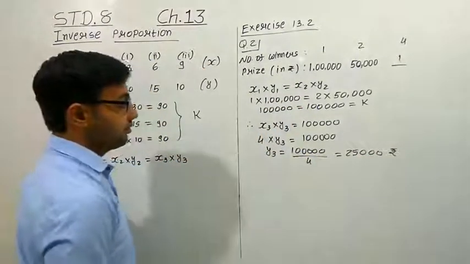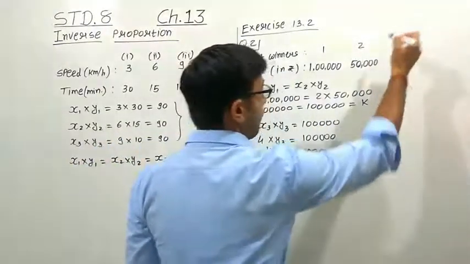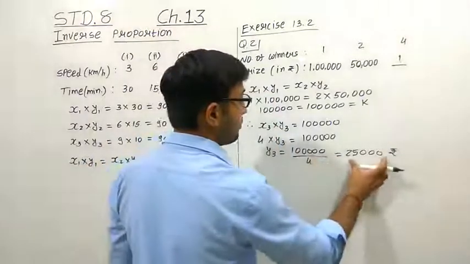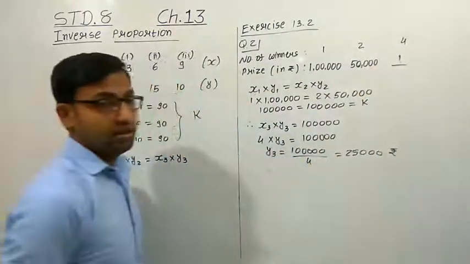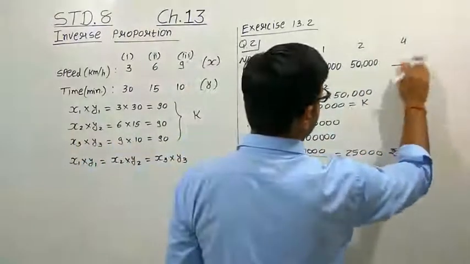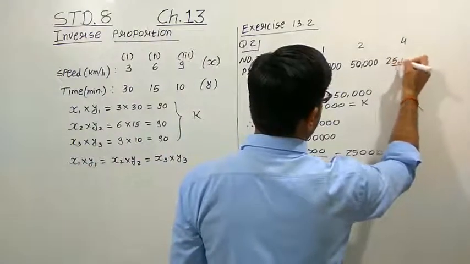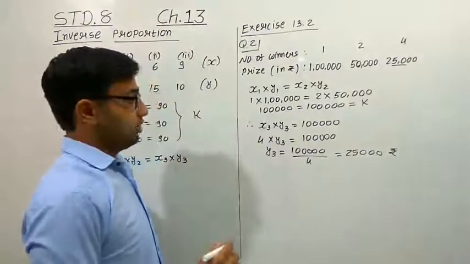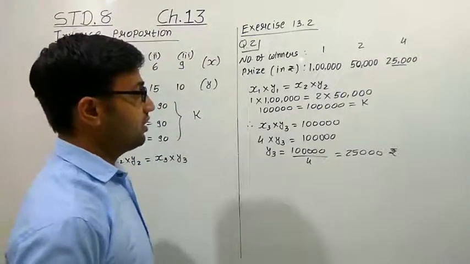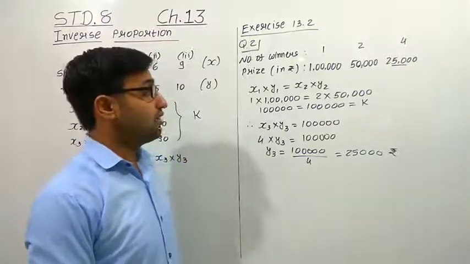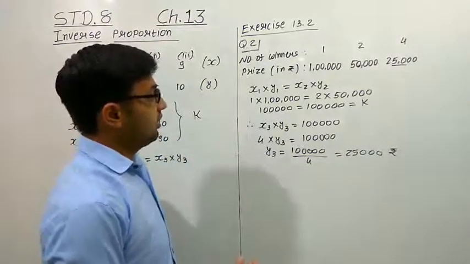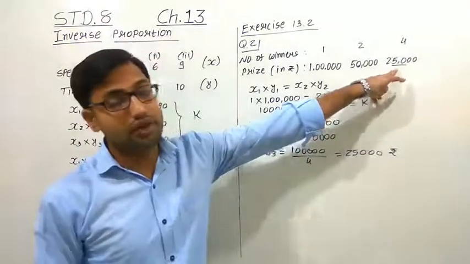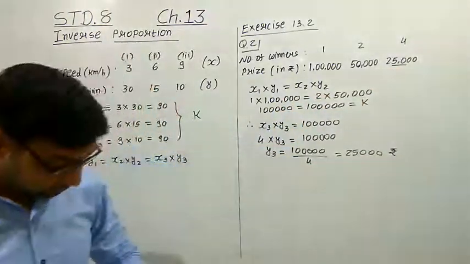The meaning is that if the number of winners is 4, then each and everyone will get a prize of rupees 25,000. Right? Because each and every winner we have to divide the amount equally. So 1 lakh is divided into 4 equal parts, and each one will get 25,000.